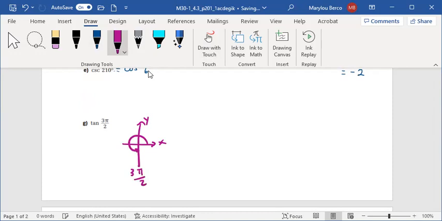The point is 0 and negative 1. And the tan of 3 pi over 2 is equal to y over x, which will be negative 1 over 0. Therefore, it is undefined.